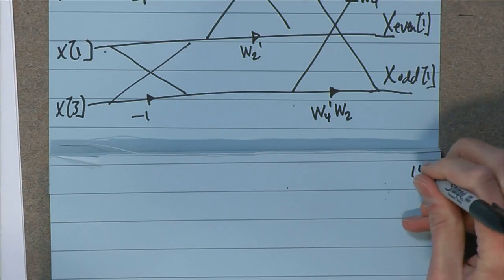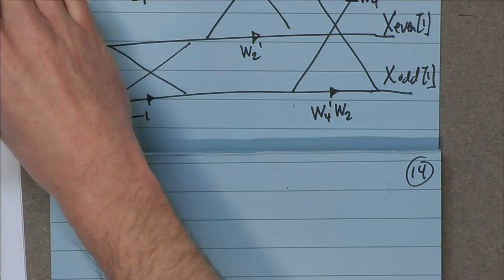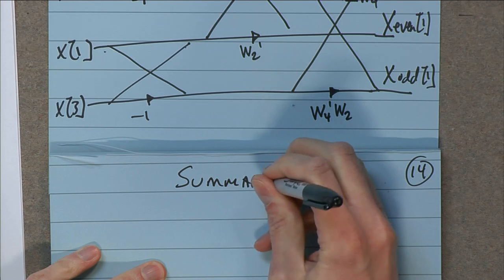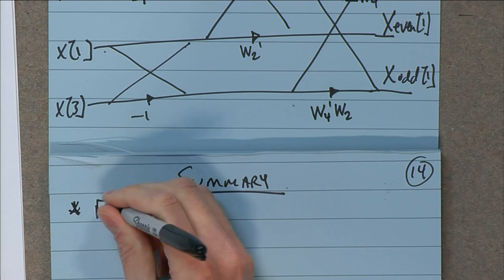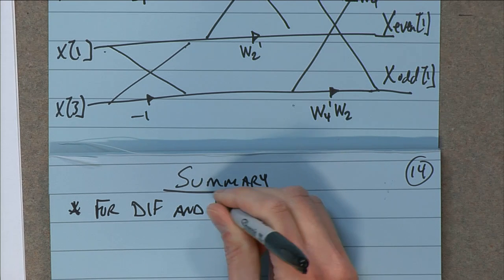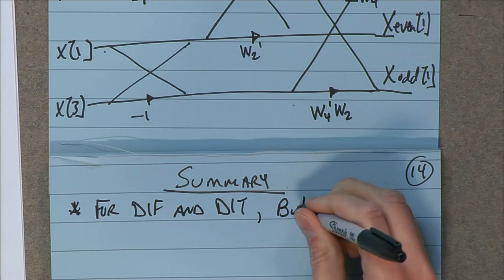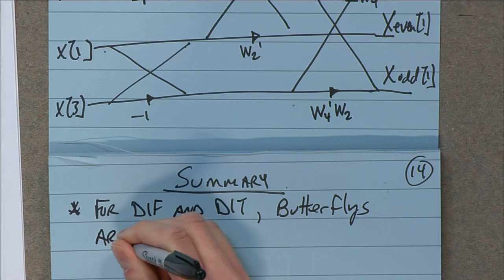So let's try to summarize. For the decimation in frequency and decimation in time, the butterfly operations are transposes.